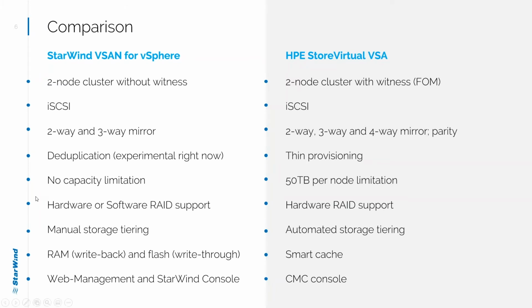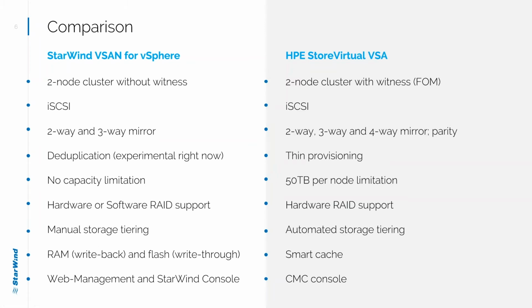Both solutions rely on local hardware RAID redundancy. StarWind for vSphere also has built-in software RAID with MDADM or ZFS for servers without RAID controllers. StoreVirtual supports creation of auto-tier volumes. In StarWind for vSphere, separate tiers should be created for HDD and SSD storage.